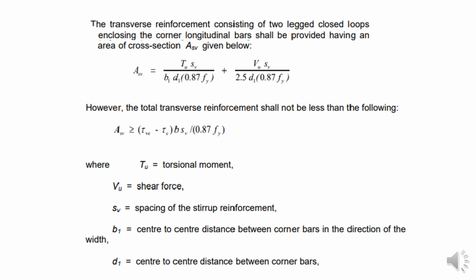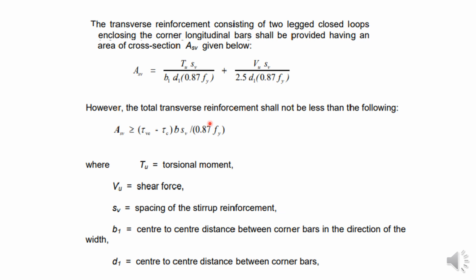The transverse reinforcement is given in clause 41.4.3 of IS 456 2000. Asv is equal to Tu Sv divided by b1 d1 into 0.87 fy, plus Vu Sv divided by 2.5 d1 0.87 fy.